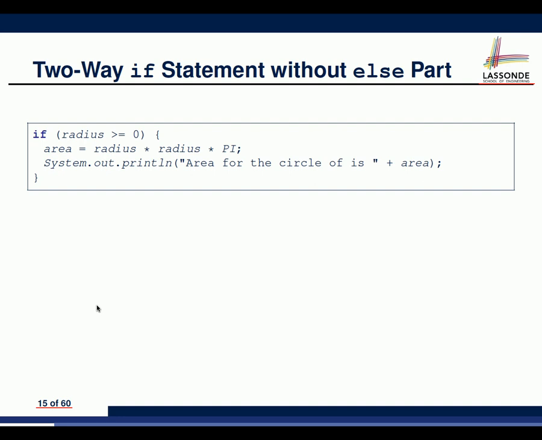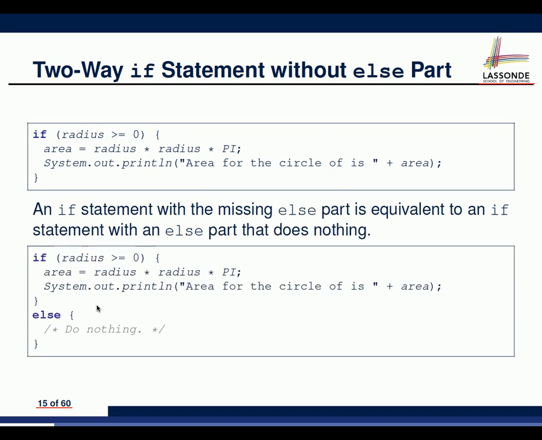Whenever you don't have an else, you can think of it as if you simply have the following code. You still have the if block, but the else part does nothing, just nothing inside. It's as if you do nothing when the branch is not satisfied. That's just a simple equivalence.